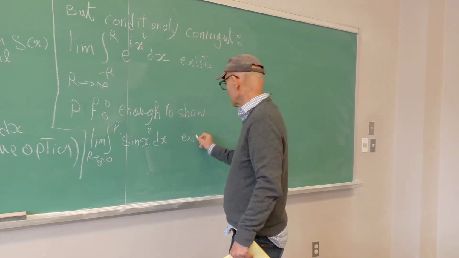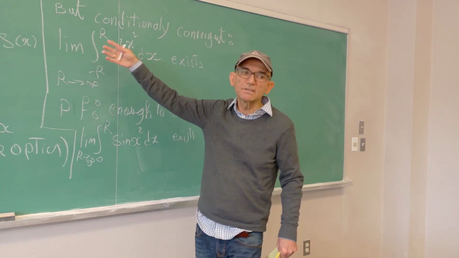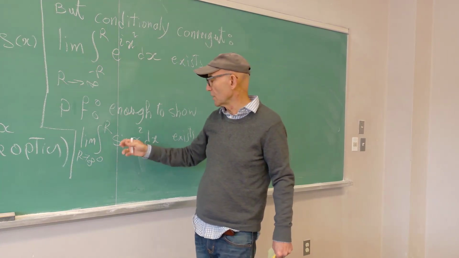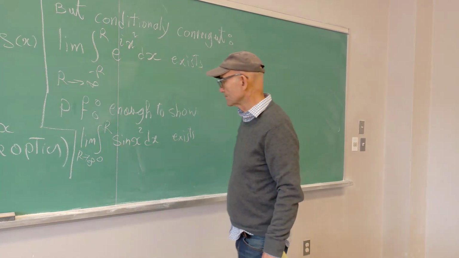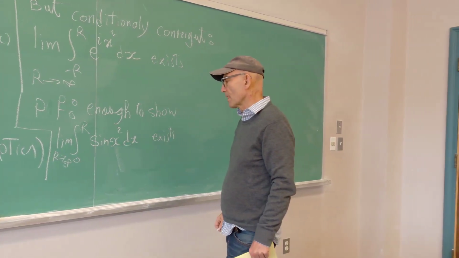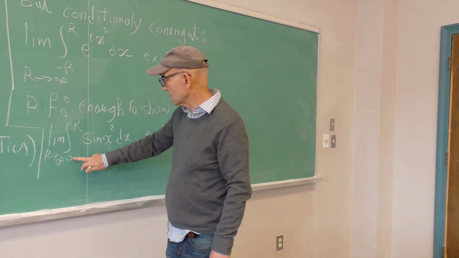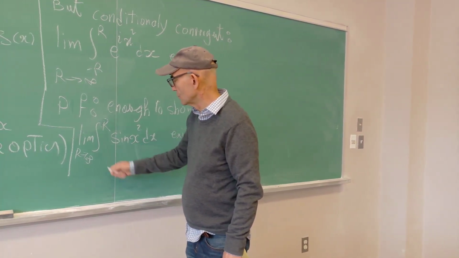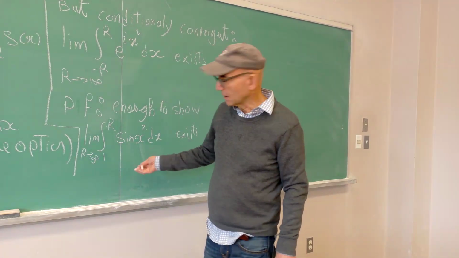Because this is the imaginary part of this. And if you prove this, you can also prove it for cosine of x squared, and that follows. And it's enough to prove that the integral from 1 to r, as r goes to infinity, exists.